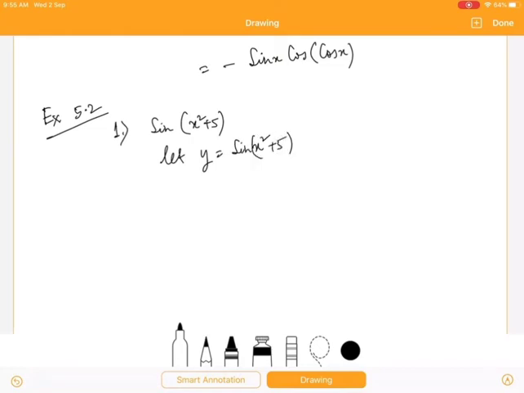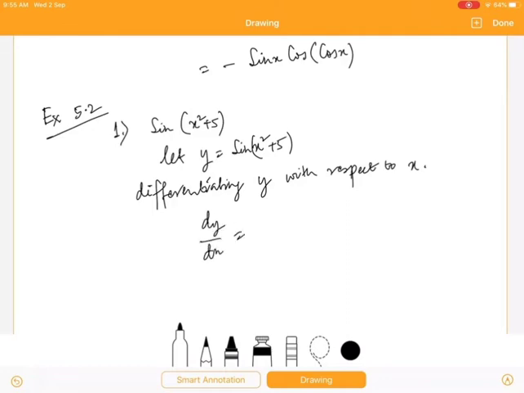Now since I have to differentiate this one, I need to write differentiating y with respect to x, right? So since I'm differentiating y with respect to x, dy dx is equal to d dx of sine of x square plus 5, right?